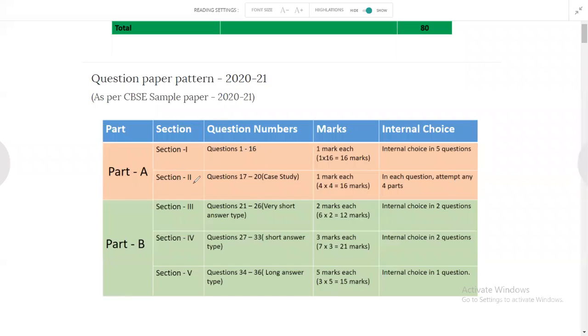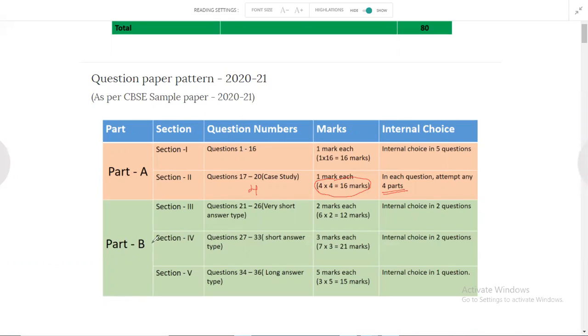Section 2 is case study, with 4 case study questions, where each question has 5 subparts, out of which you need to attempt 4. So 4 times 4 equals 16 marks from this section, and there is no internal choice.